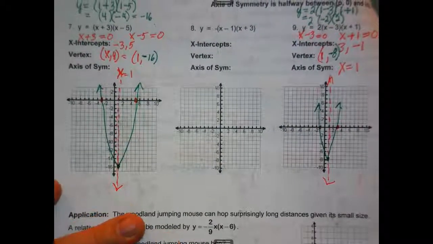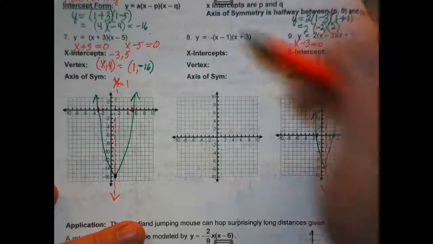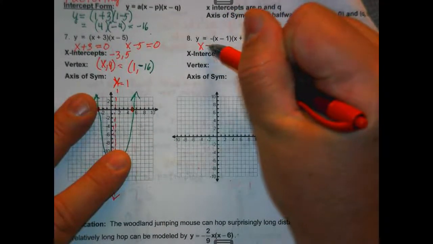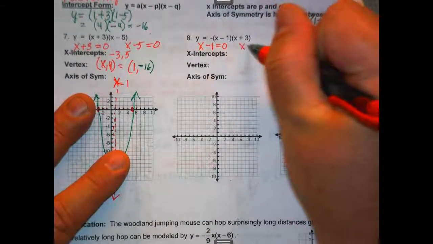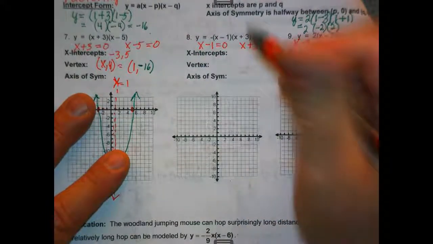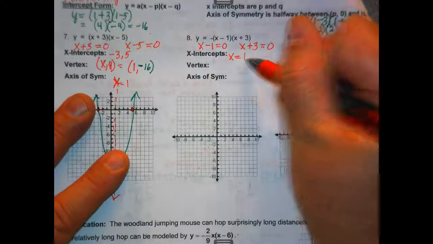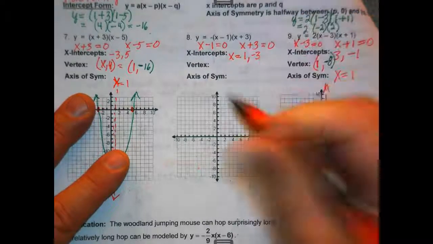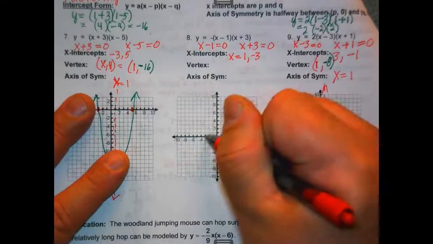How do I solve in intercept form? Set the quantities equal to 0 and then solve for x. Those are my intercepts. So positive 1 and negative 3.